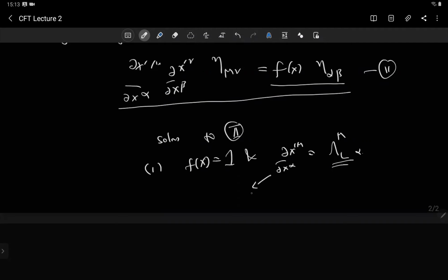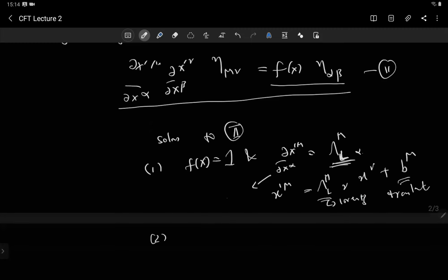And in this case we can integrate this out because these lambdas are constant, and you can write x prime mu as lambda mu L alpha x nu plus b mu. So this is a translation, and these are Lorentz transformations. So this is one example.